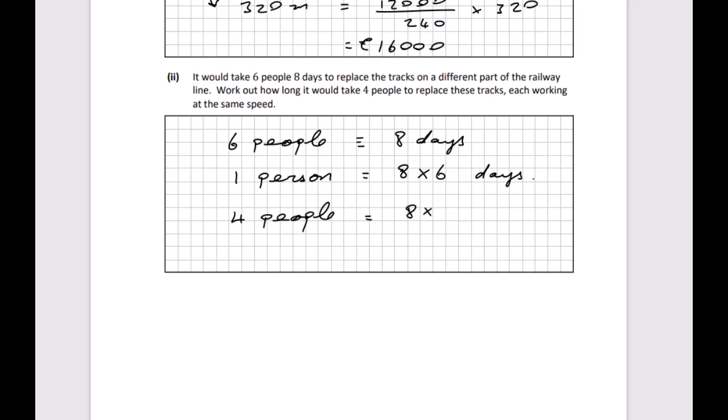So it's going to be 8 times 6 divided by 4. And in this case it's 6 8's are 48, divided by 4, so that's 12 days. And again that seems to be right. If it takes 6 people 8 days, 4 people then 12 days, sounds about right. It's going to take more than 8 days, so about 12 days.